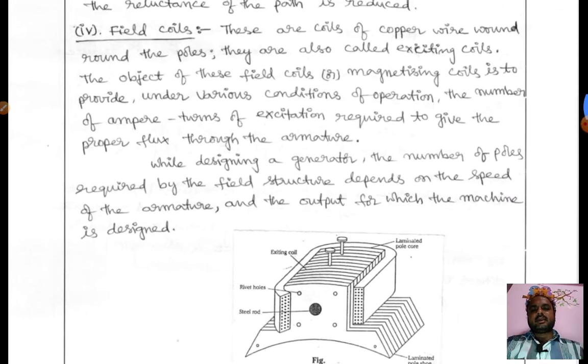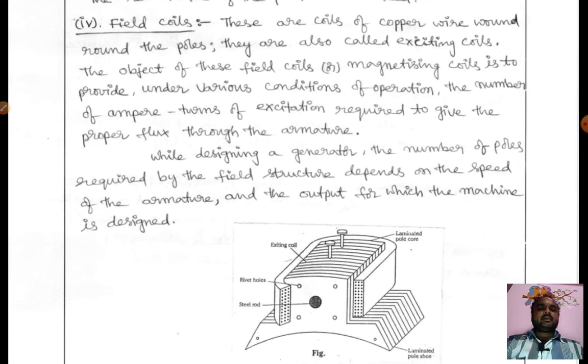Next, field coils. These are coils of copper wire wound around the poles. They are also called exciting coils. The objective of these field coils or magnetizing coils is to provide, under various conditions of operation, the number of ampere turns of excitation required to give the proper flux through the armature.